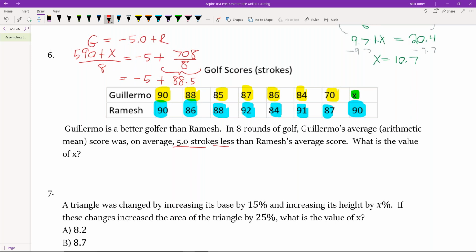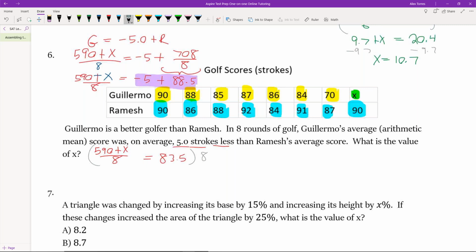Bring down the -5, bring down all this stuff. With a little bit of bad handwriting there. Okay, and now we can combine the -5 and the 88.5. So you'll have 83.5 is equal to 590 plus x over 8.